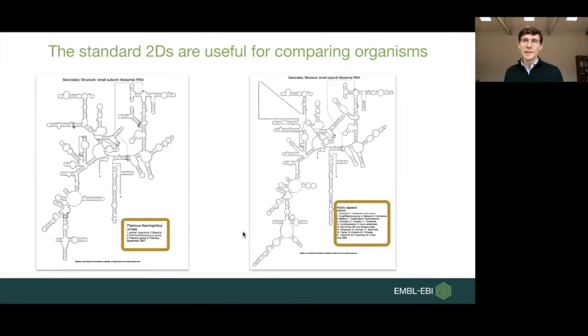And the reason for that is not because they look pretty, but because when you put two or more structures side by side, you can compare them and quickly see differences and similarities, even between structures that are from bacteria and human. There are billions of years of evolution between these two structures, and yet you can immediately recognize similar and different elements. For example, here's an expansion segment that we see in human small subunit ribosome that is not present in bacteria.